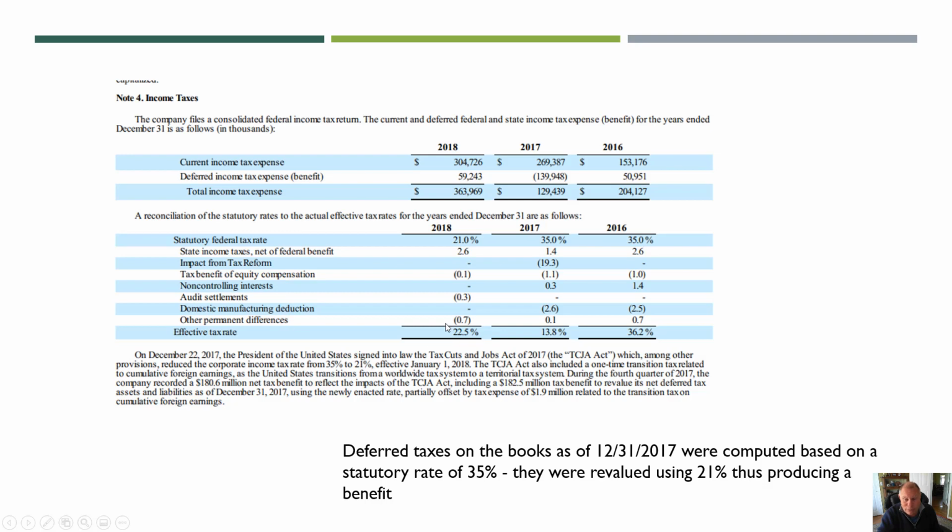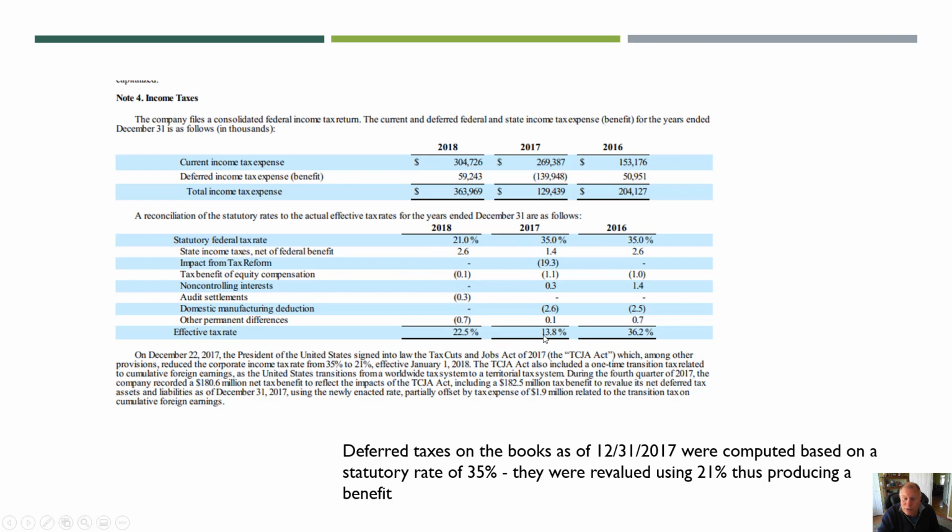But if we're looking here, the explanation is there, but the tax rate went from 36.2 in 16 down to 13.8 in 17 as a result of the Tax Cuts and Jobs Act of 17. It reduced the statutory rate right here from 35 to 21.